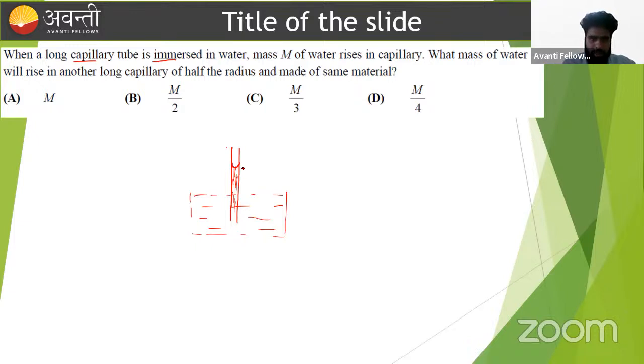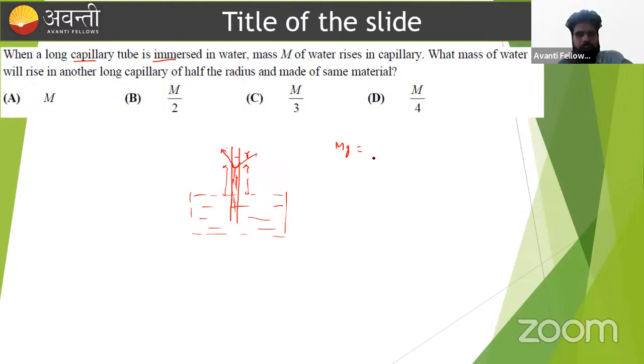So in this column, consider that the radius of the tube is r, and mg in this column is acting in the downward direction. So mg must be balanced by another force, and this force is provided by the component of the surface tension. What is the surface tension force?